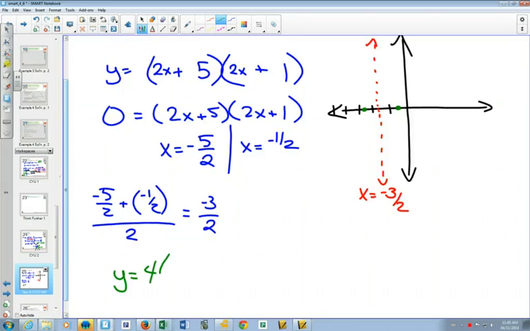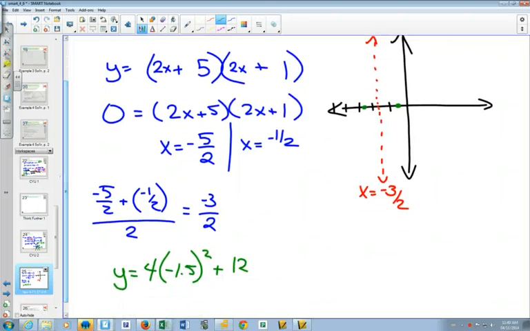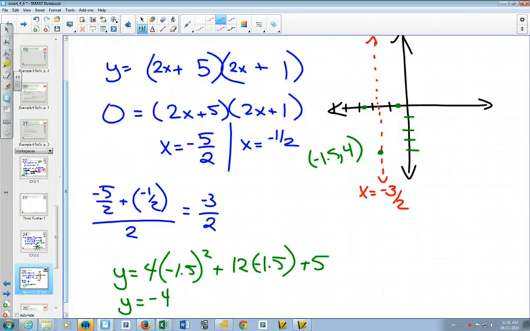I went back to my original equation. Is it plus 12? Yeah. And substituted in negative 1.5. And I got an answer of negative 4. So negative 1.5, comma, negative 4 is my vertex.